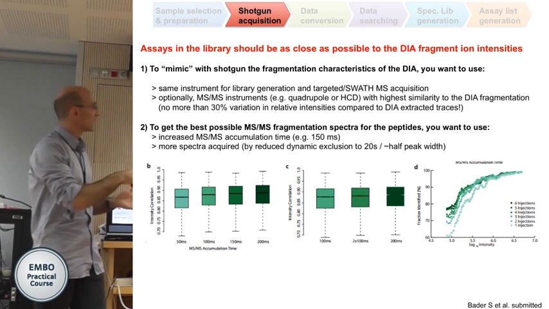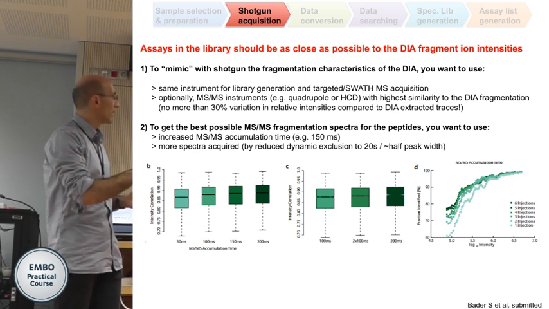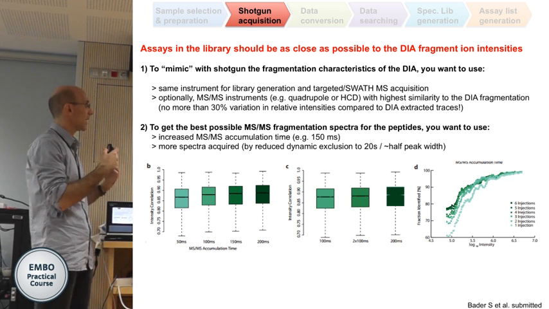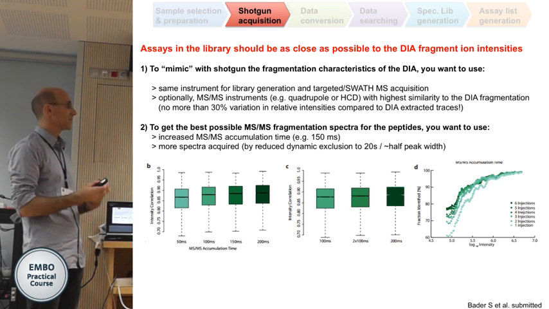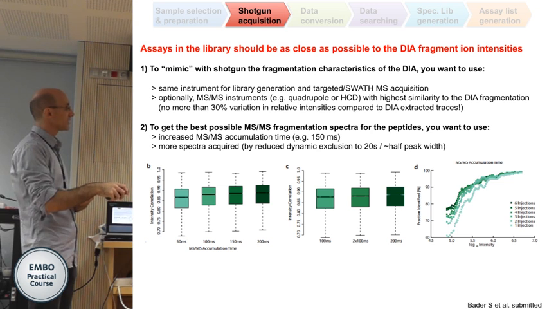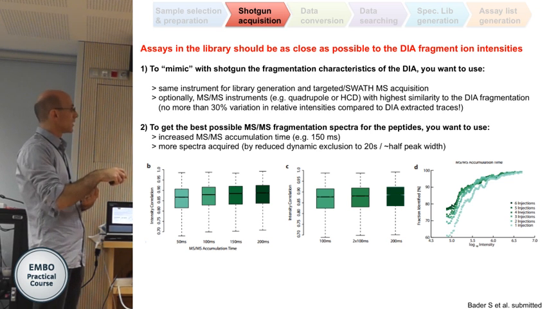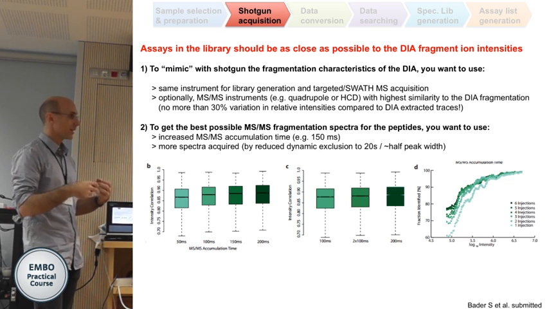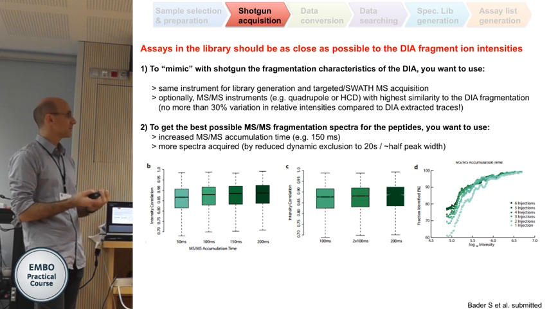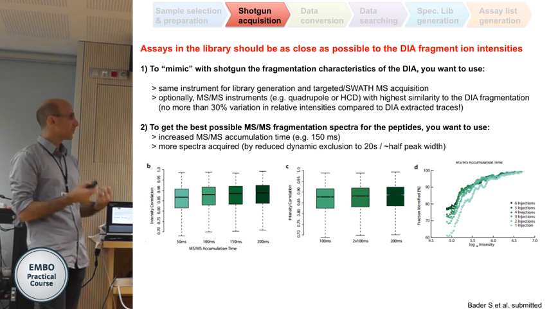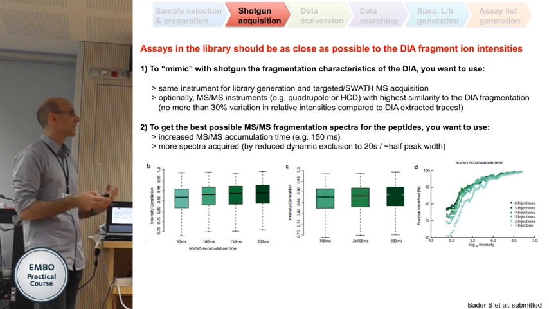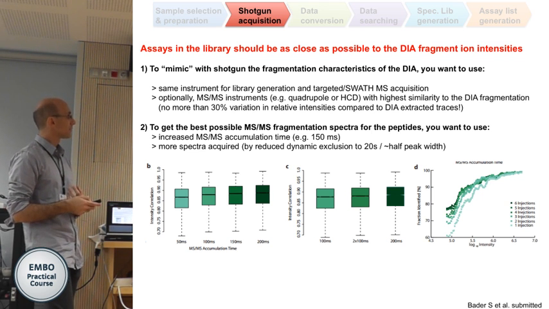And as you can see here, it directly correlates with the number of identifications and the quality of the MSMS spectra that you get. So more injections, more spectra, more accumulation time, all this will increase the quality of your MSMS spectra and fragmentation, and this will directly translate into better assays for your targeted proteomics.